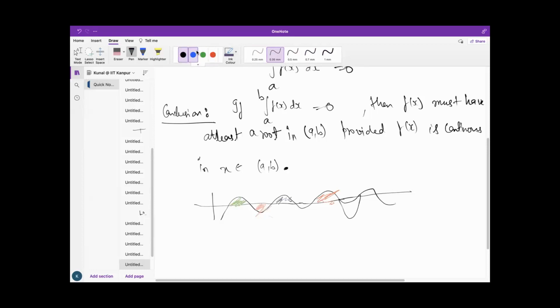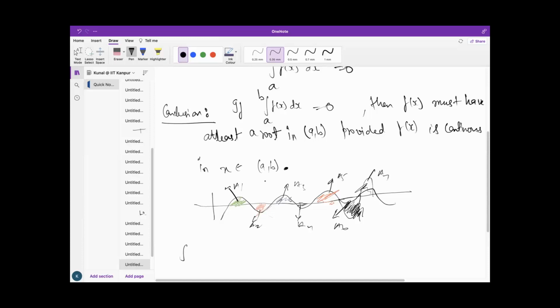Let's draw it like this. And something colored by black. Okay, so what I'm trying to say, this area is called A1, this area A2, this area A3, this area A4, this area A5, this area A6, and this area is A7.